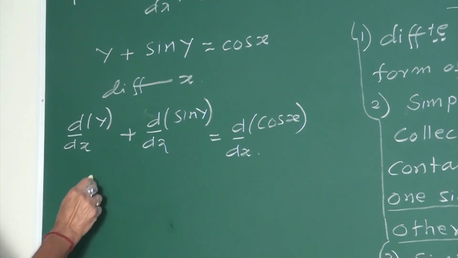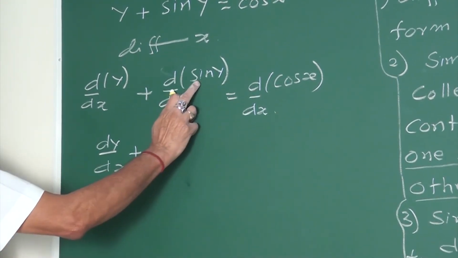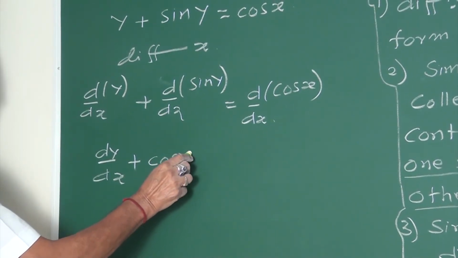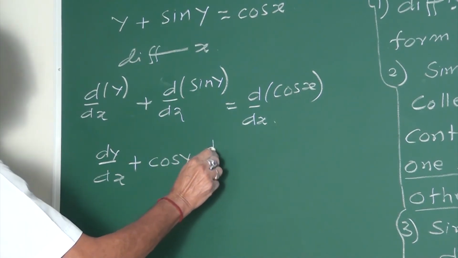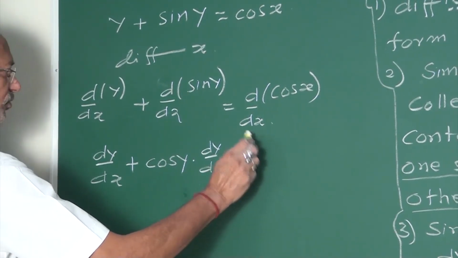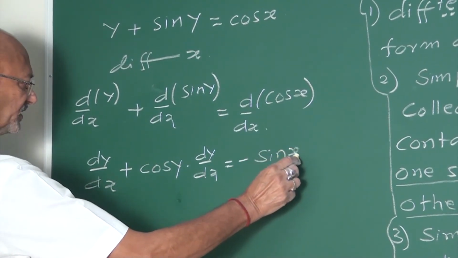You know the derivative of y is dy by dx, plus the function of y: the derivative of sin with respect to y is cos y, into, since it is other than x, write its derivative. This equals the derivative of cos, which means minus sin x.